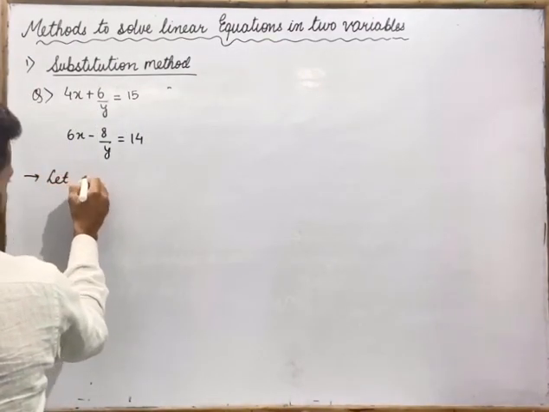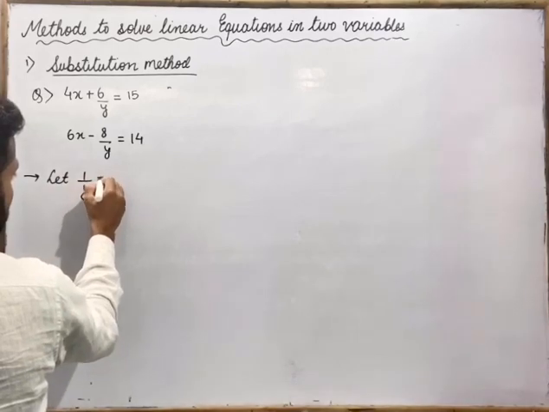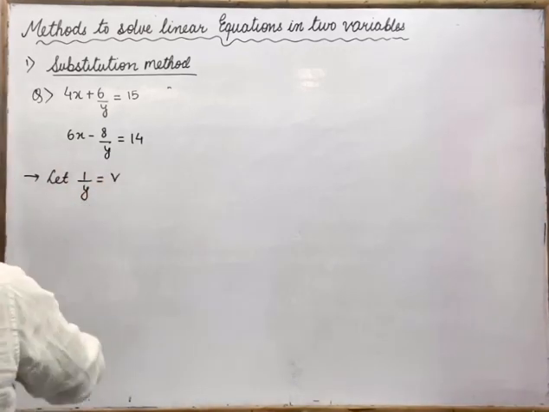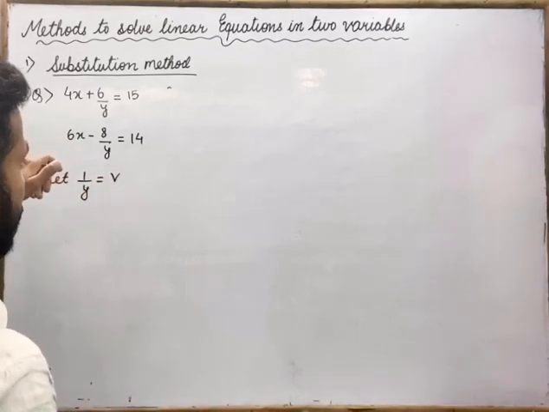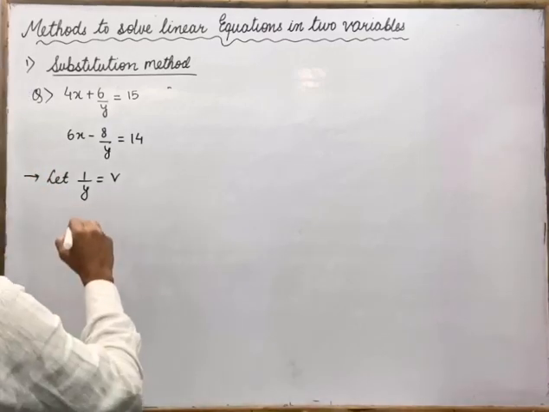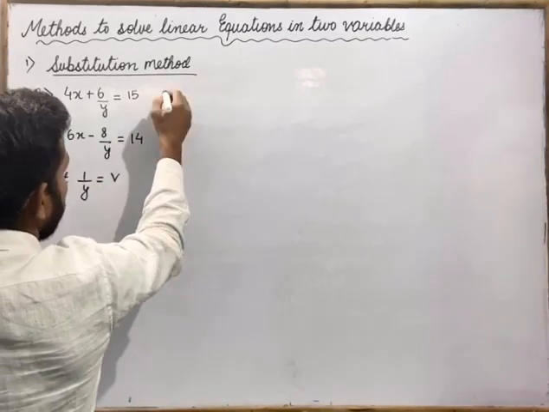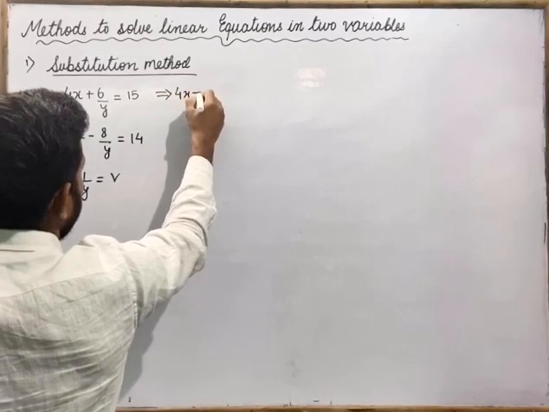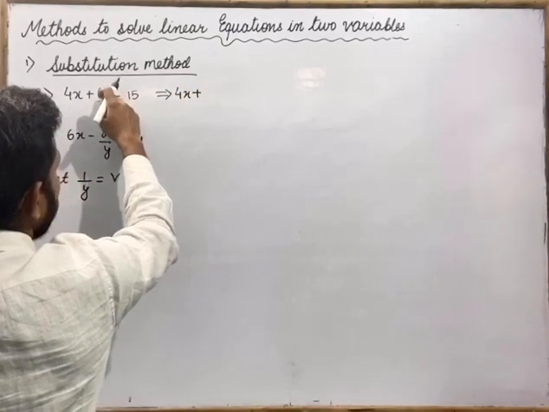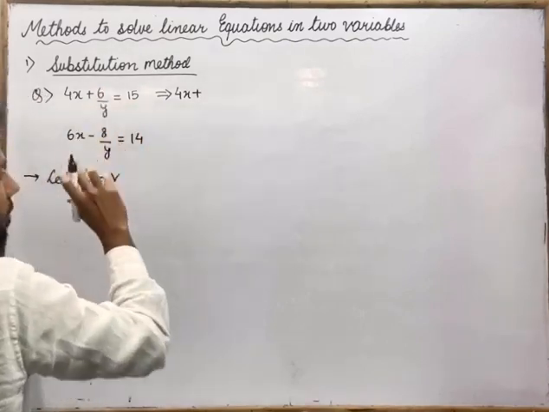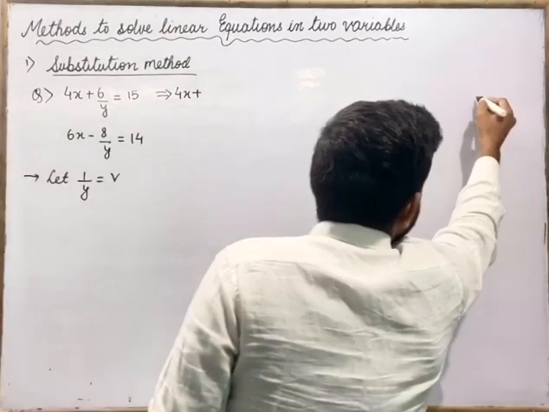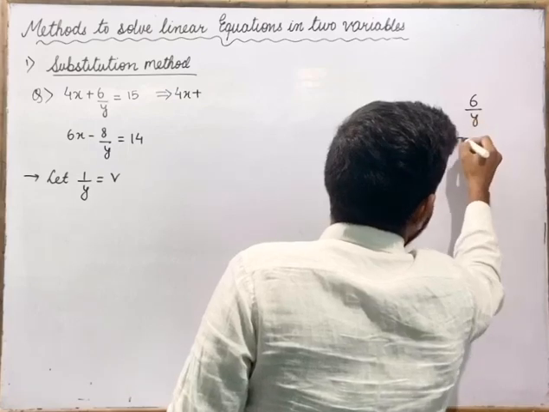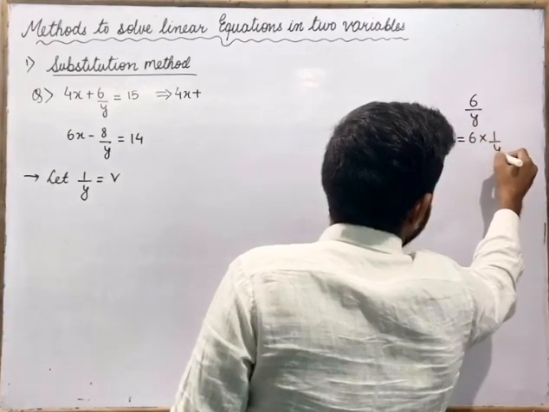Let 1 by y equal v. To make you understand, can you write the first equation as 4x plus 6 by y? 6 by y can be written as 6 into 1 by y.